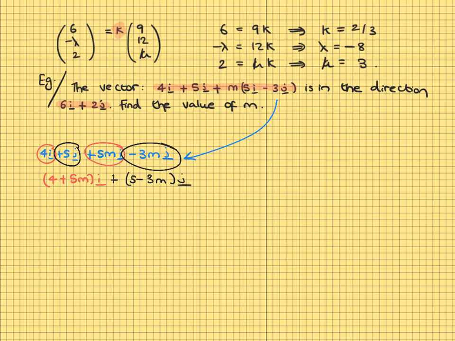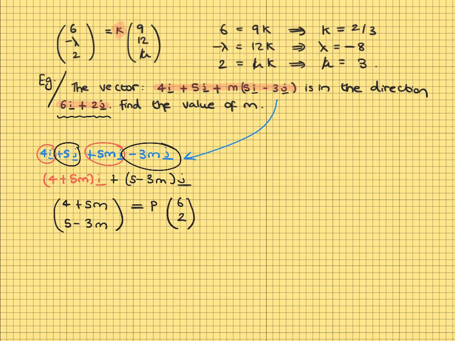So if this vector is in the direction of this vector here, that means they are parallel to each other, which means they are multiples of each other. So this then tells us that the vector (4 plus 5m, 5 minus 3m), I'm writing the vector as a column vector because I think this is a little bit simpler, is some multiple, which I'll call p, of the vector (6, 2), like that.